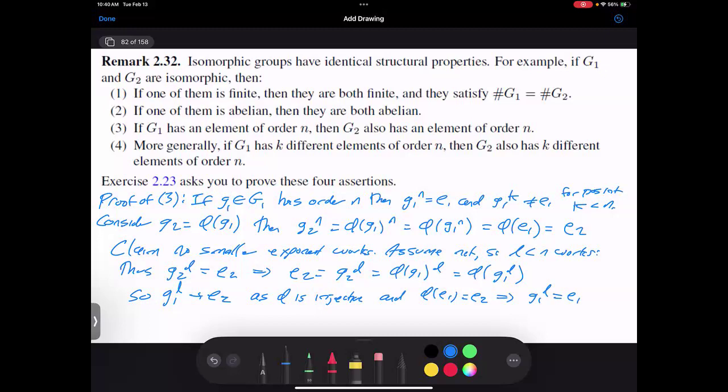So that violates n being the smallest power. So G2 does have order n.